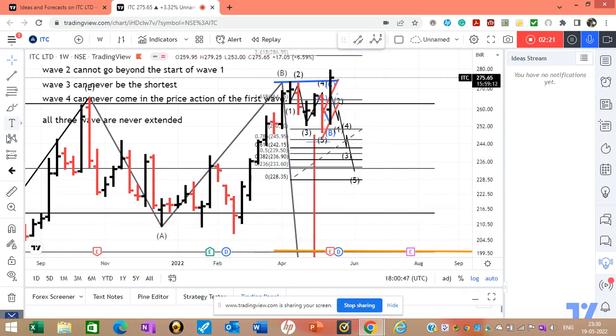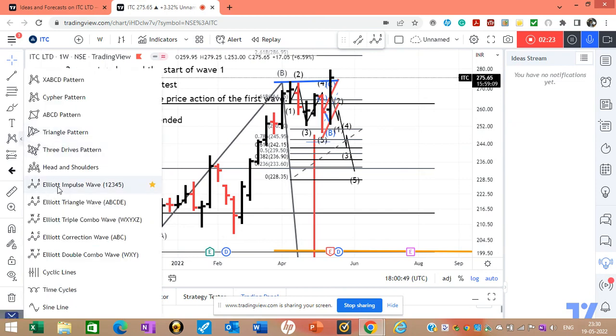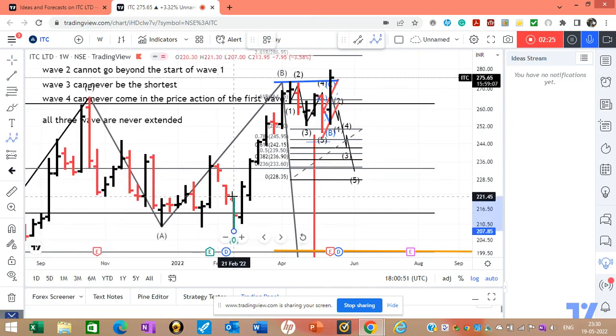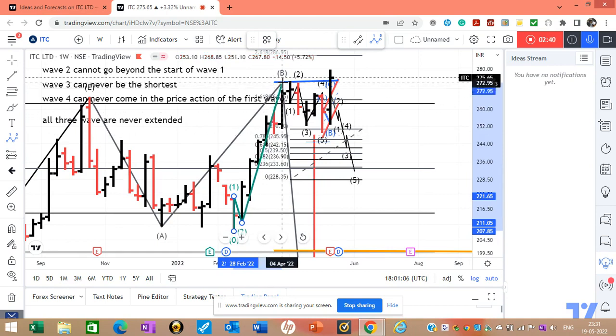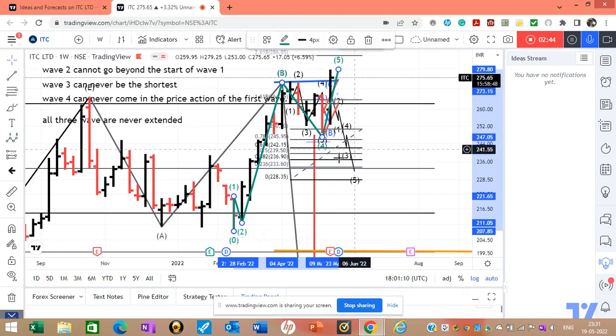Now if I count the waves from this point, 1, 2, and this whole is 3, and this is 4, and this is 5.